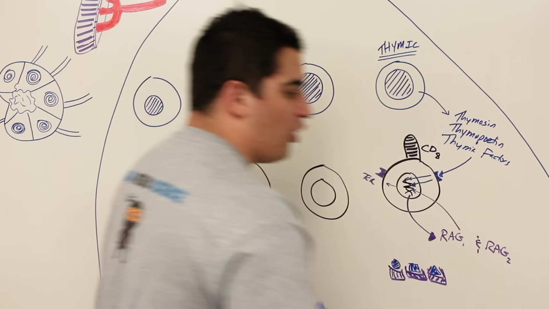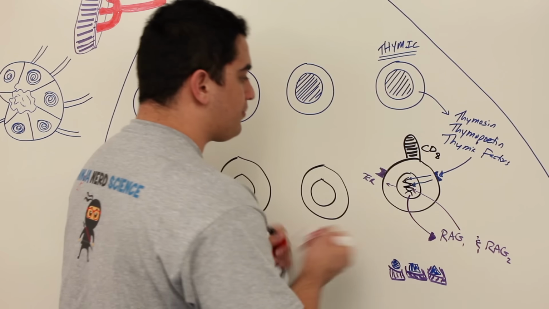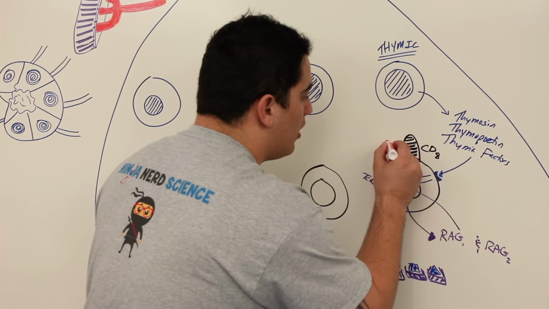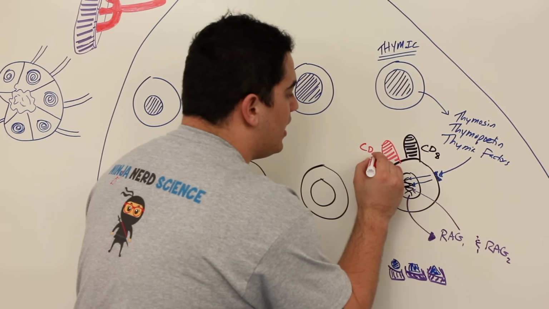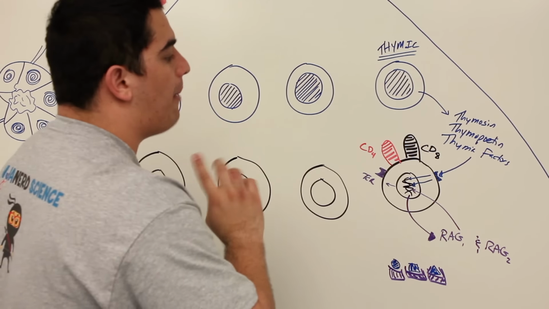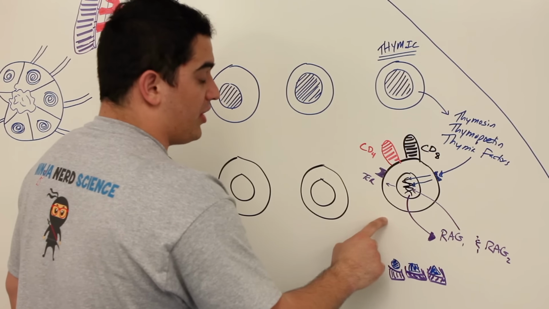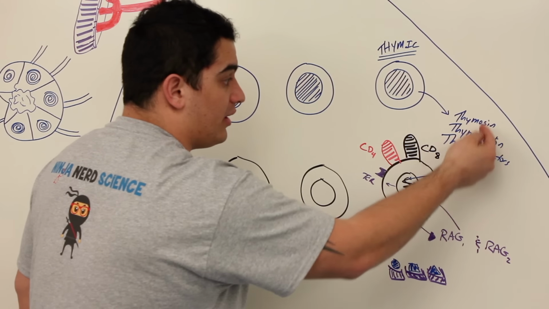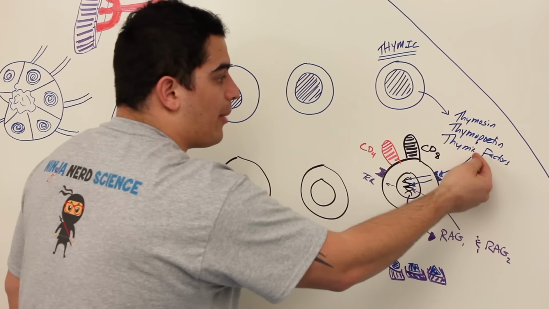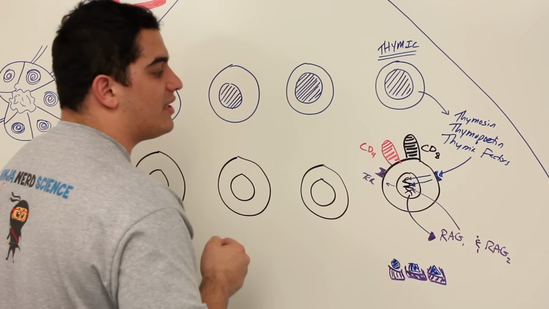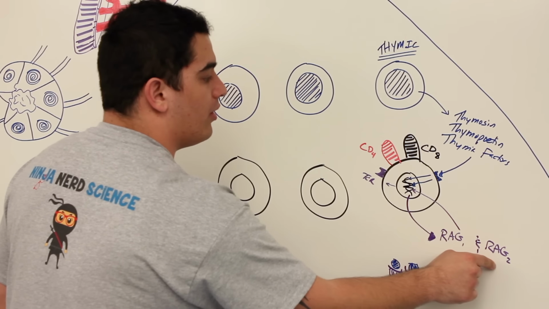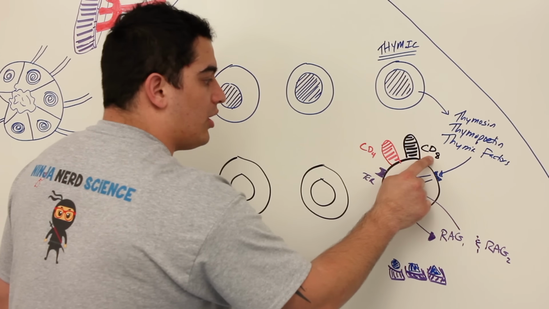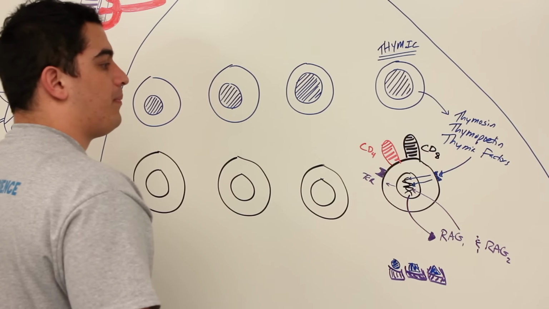And let's say that this red protein we're going to draw is another cluster differentiation protein, but this one's called CD4. So what's happened here? In this first step, this is where most of the stuff is actually occurring. These chemicals, thymosin, thymopoietin, thymic factors, are stimulating this T cell precursor to make TCRs, but different types because of the RAG1 and RAG2, CD8 molecules, and CD4 molecules.